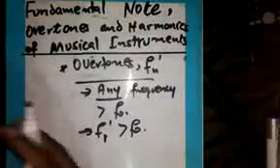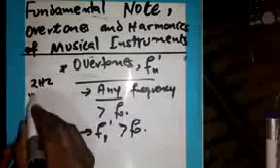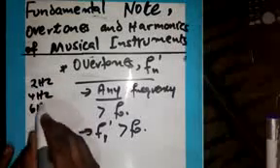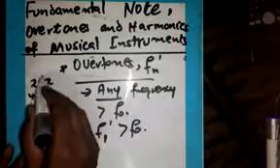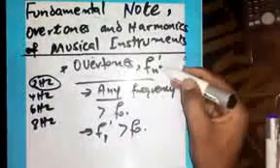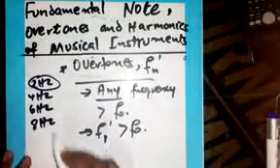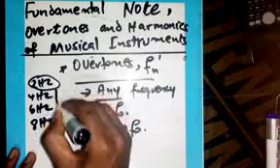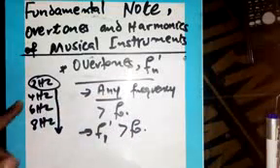For example, let us have the same: we have 2 Hz, 4 Hz, 6 Hz, 8 Hz. The lowest possible frequency is this one here. What is an overtone? An overtone is any frequency greater than the fundamental frequency. Therefore, these all are overtones. But you cannot say the overtones are 4, 6, and 8.